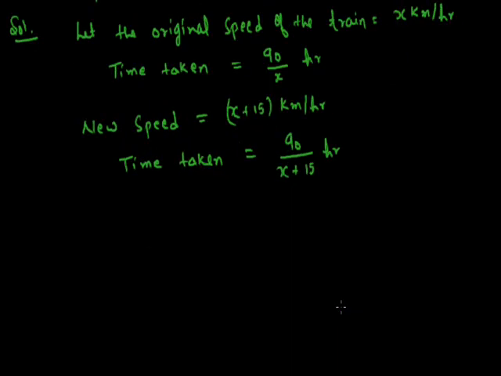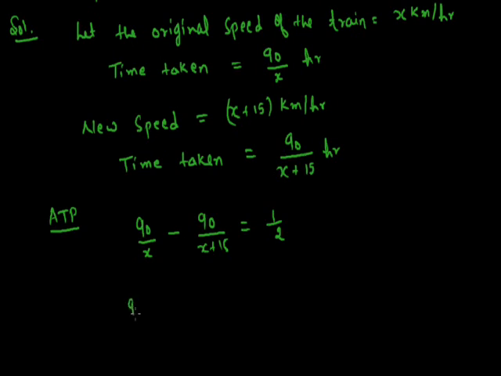Now it is given that it takes half an hour less. So according to the problem, in the second case it will take less time, in the first case it takes more time. So the difference of time between the first case and second case is half an hour. So we can write 90 upon x minus 90 upon x plus 15 is equal to half hour, 1 by 2, 30 minutes.